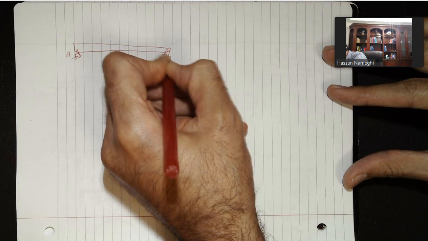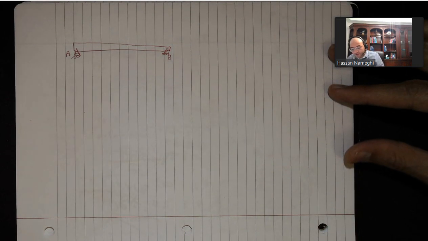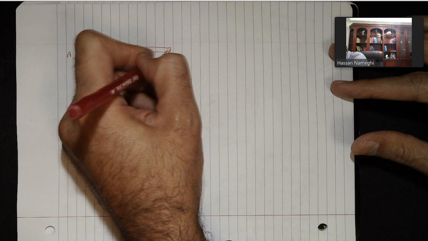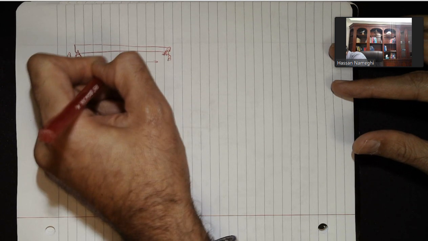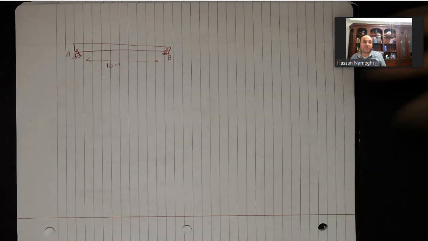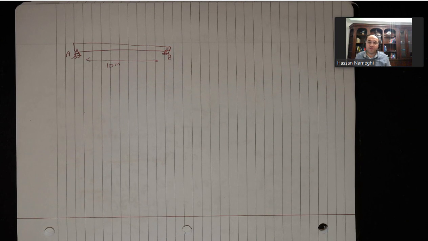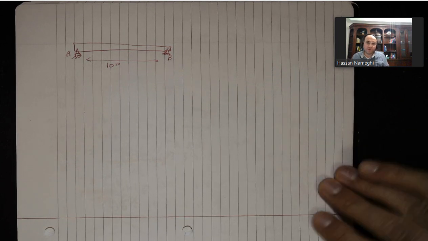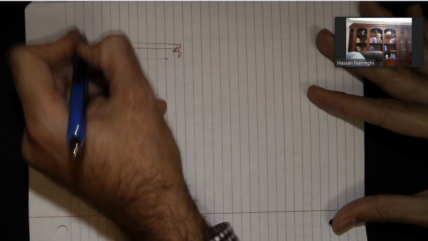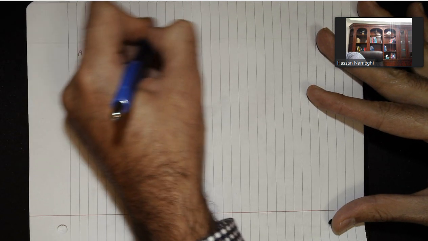Point A, point B. I see I have a roller here. I have the length in this case as 10 meter. Instead of having a point force, this time I have a distributed load. I have a uniform distributed load. Something like this.